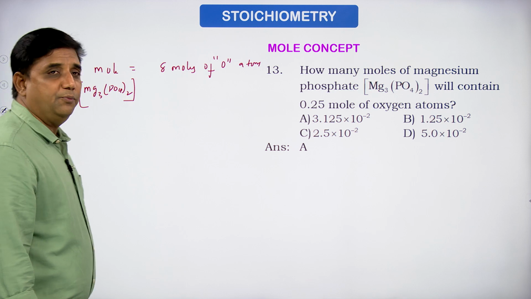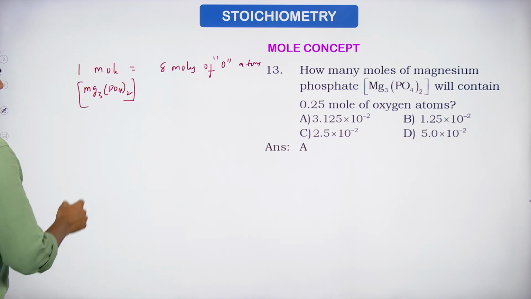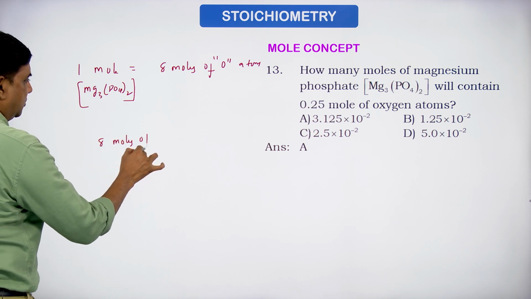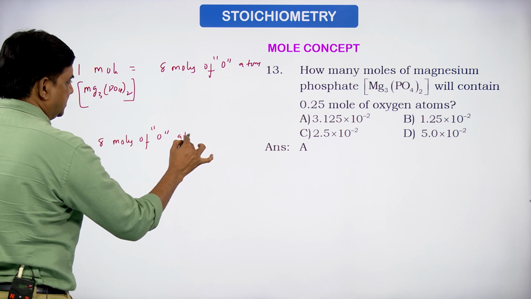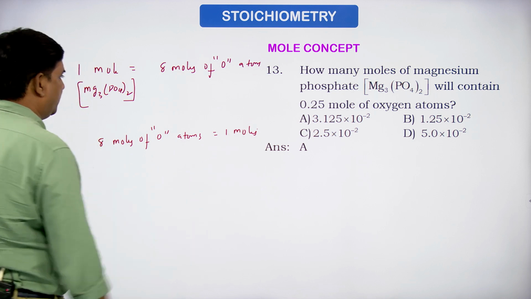One mole of magnesium phosphate is equal to 8 moles of oxygen atoms.